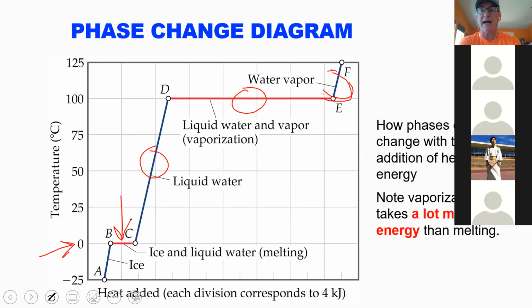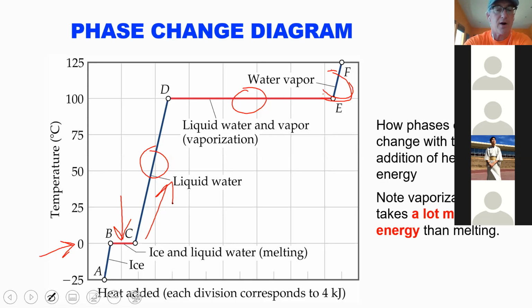And it's going to stay 0 until all the ice is gone. And then once all the ice is gone, the temperature of the water starts going up. And that's what's happening between C and D. Once all of the solid water is turned to liquid, now I have nothing but liquid water, and I start adding more and more heat to it. Now the temperature starts to go up.